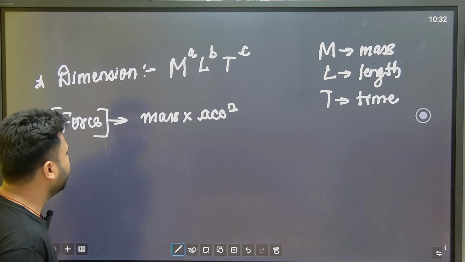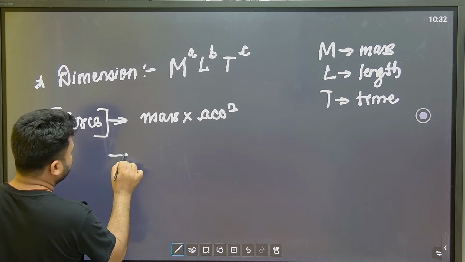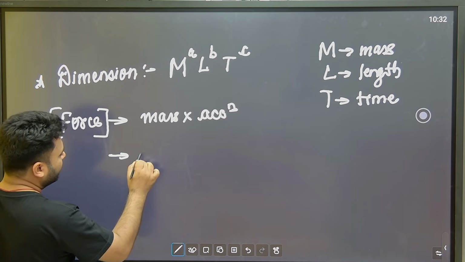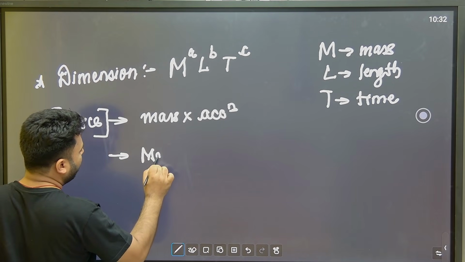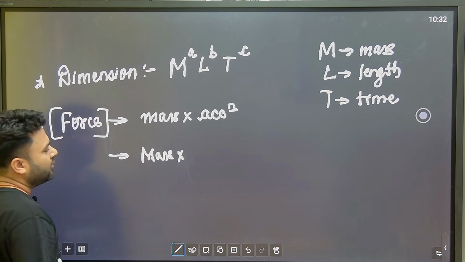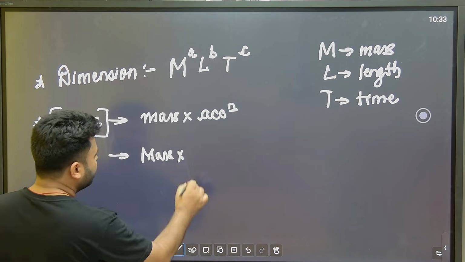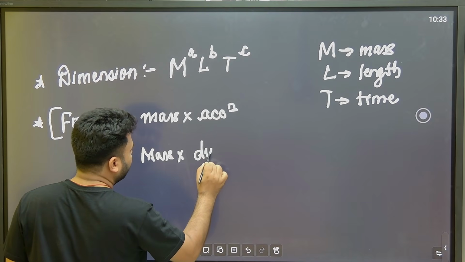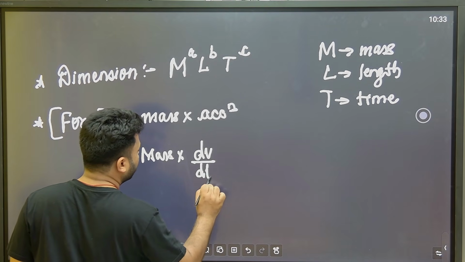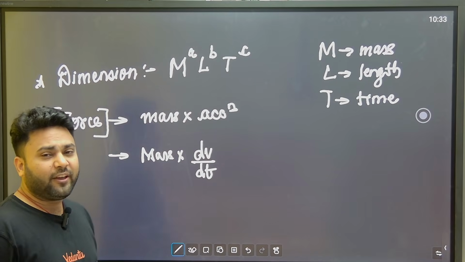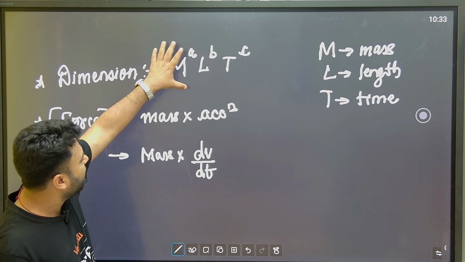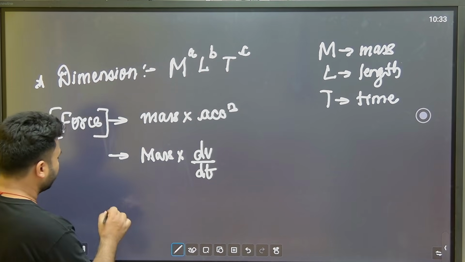Now, how to do it? See, force, I have written as mass into acceleration. Now, what is acceleration? Rate of change of velocity, meaning how much velocity is changing in how much time. Now, if I want to write this in the form of MLT, see how we are going to write.